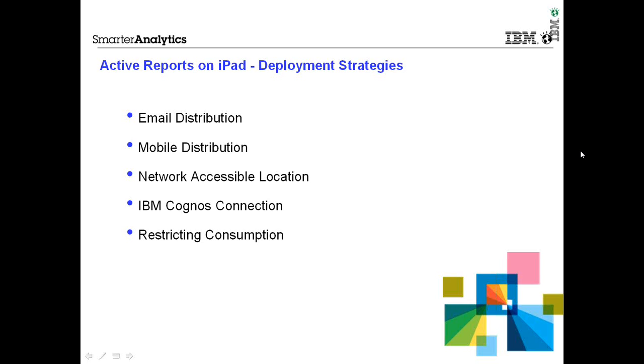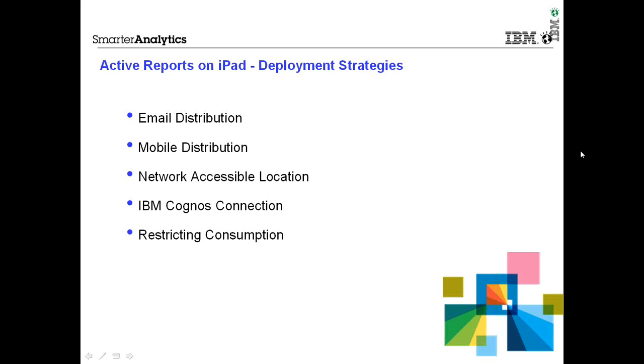Now, let us look at the deployment strategies for these active reports, which enable you to do the analysis in an offline mode. The first one is email distribution, which we have already talked about: the set of active reports can be sent as an attachment to your email, which can be directly launched onto your iPad, because the IBM Cognos mobile app enables you to do that.